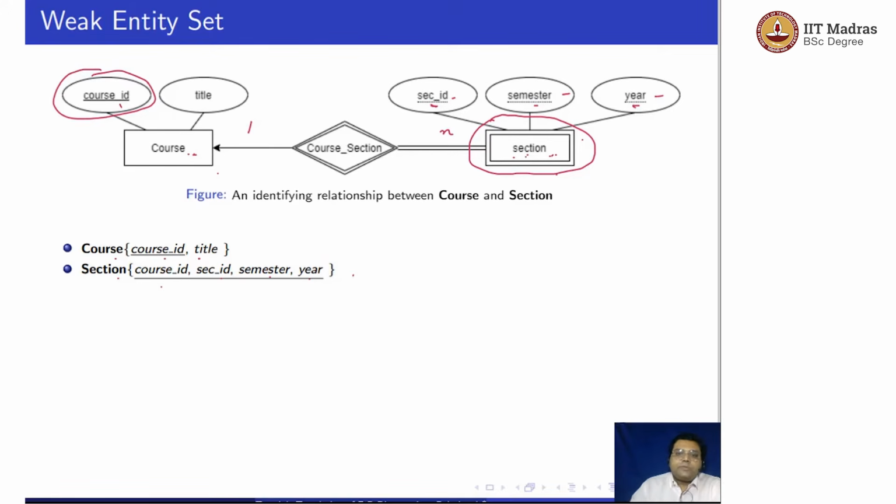Now to construct the primary key of the weak entity, we must combine it with the primary key of the strong entity. So the primary key of the section will be a combination of the course ID, which is the primary key of the course, and the partial key of the section, which is a combination of section ID, semester and year. So this is the total. This represents your primary key, which is also a composite key over here.